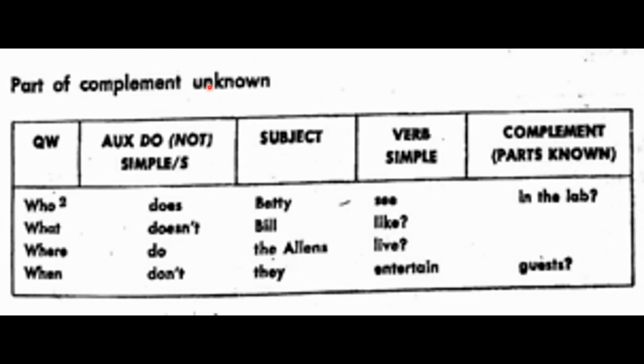When part of the complement is unknown, who does Betty see in the lab? What doesn't Bill like? Where do the Allens live? When don't they entertain guests? Note that who is used to refer to human subject or human object.